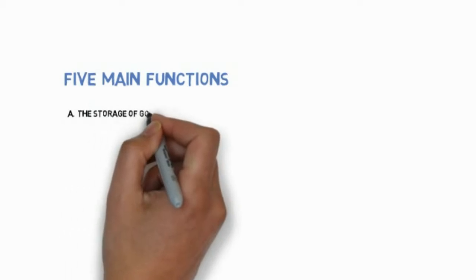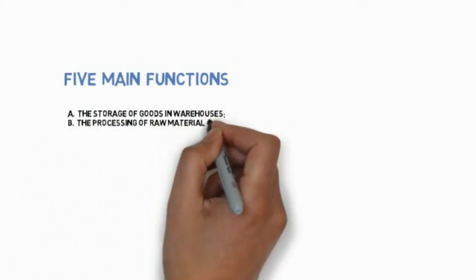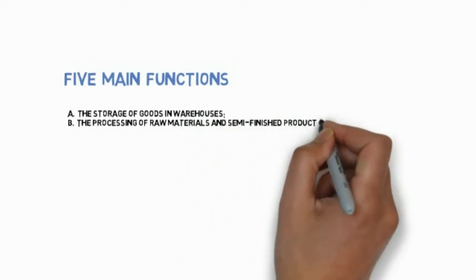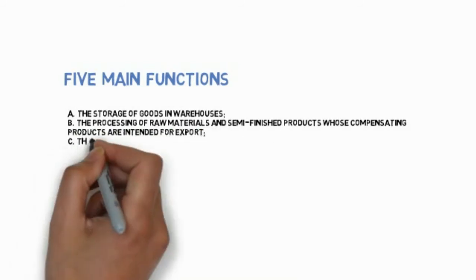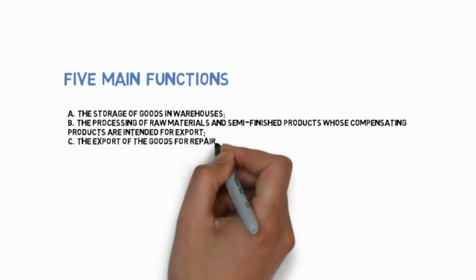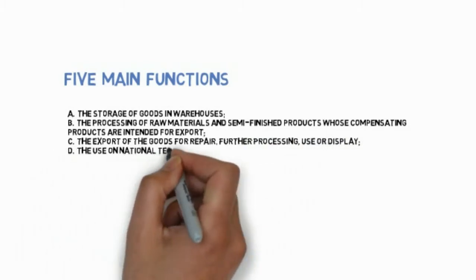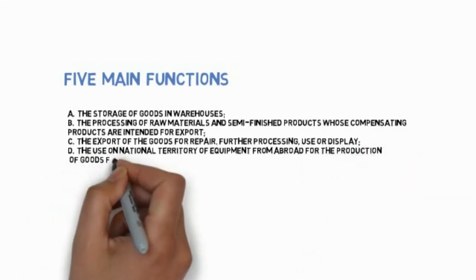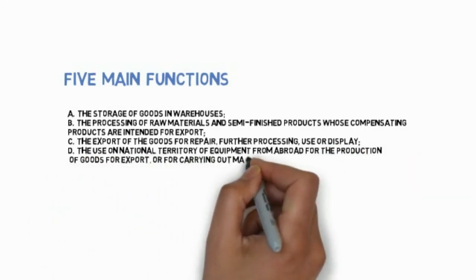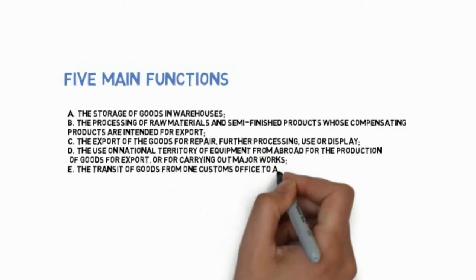functions: A. The storage of goods in warehouses, B. The processing of raw materials and semi-finished products, whose compensating products are intended for export, C. The export of the goods for repair, further processing, use or display, D. The use on national territory of equipment from abroad for the production of goods for export, or for carrying out major works, E. The transit of goods from one customs office to another.